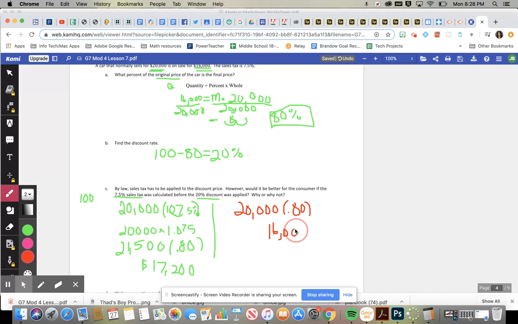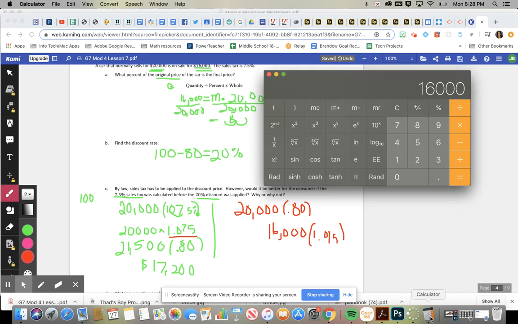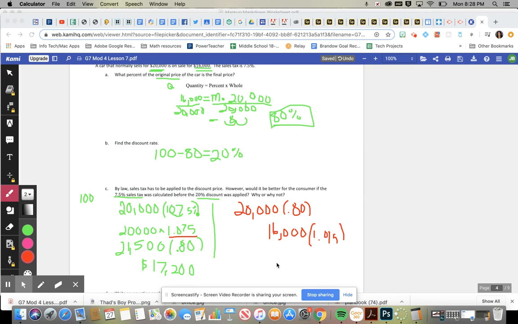And then let's put on that sales tax, then times it by the sales tax, which we found out to be the decimal 1.075. Which gives us that same 17,200. It's getting sloppy tonight. Sorry about that.